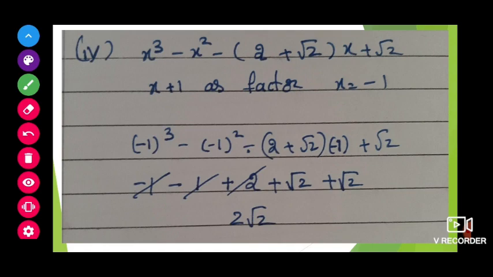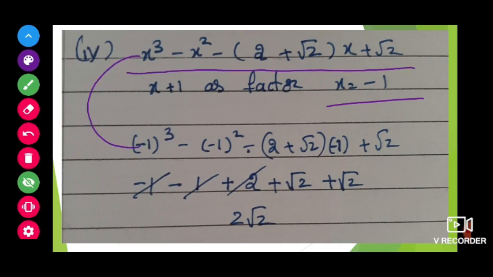Next, we will check one more. Same way, x equals minus 1, I am substituting in the fourth expression, that is, x cube minus x square minus (2 plus root 2) x plus root 2.